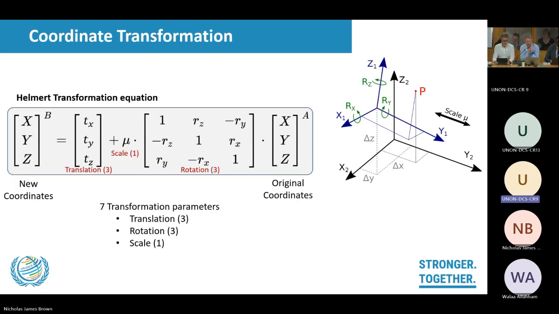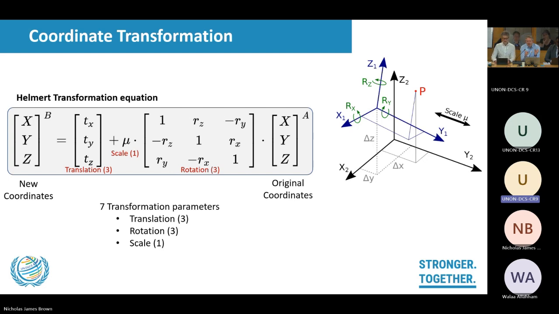All right, here's the maths for those of you who like the maths. So this is showing you those rotations, the translations, and the scale that I described in the image on the right-hand side. And what you can see is that to develop those transformation parameters, we need to know the coordinates in the new system that you want, which might be ITRF, some type of ITRF, let's say 2020.